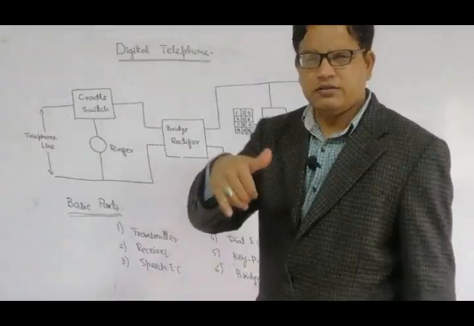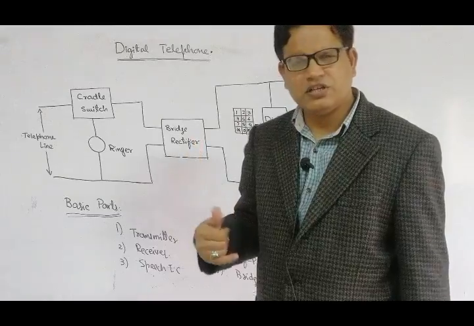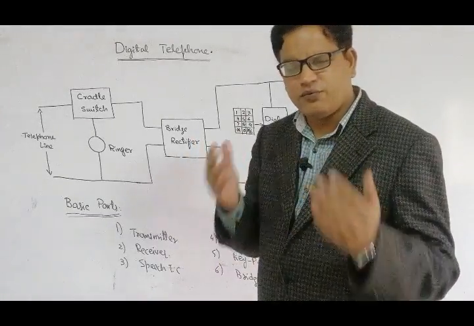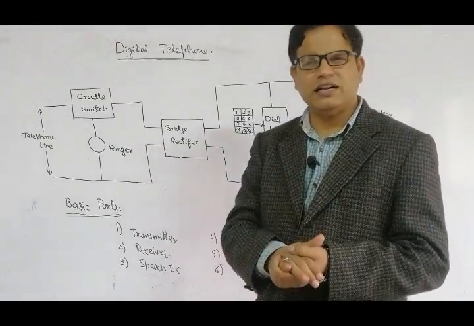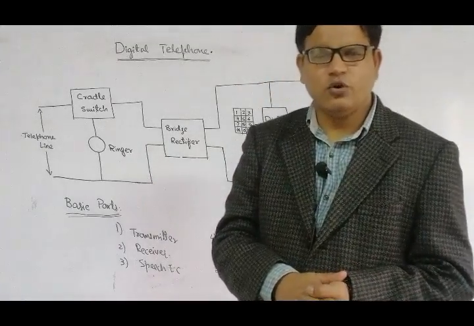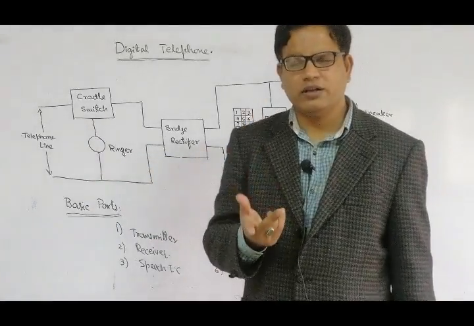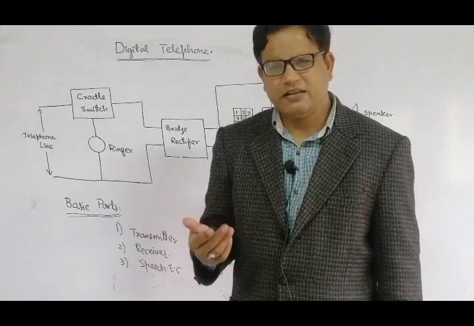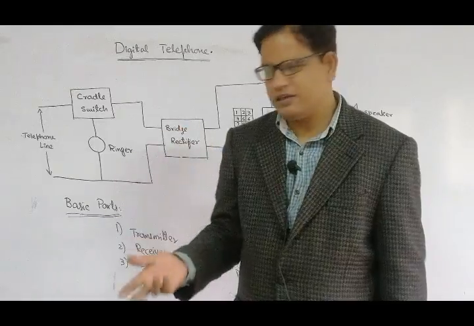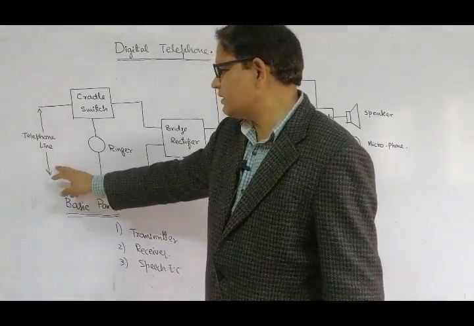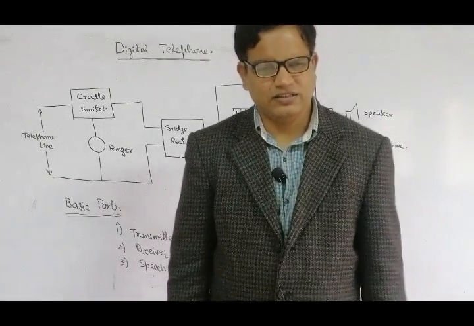When the subscriber removes the telephone handset from the cradle switch, the connection between the telephone exchange and the subscriber is on, and the ringer goes down. It means the ringer stops ringing. The cradle switch is basically a two-way switch, and subscriber A begins communication through the telephone exchange with subscriber B. These two wires are basically the telephone lines which are connected with the telephone exchange.